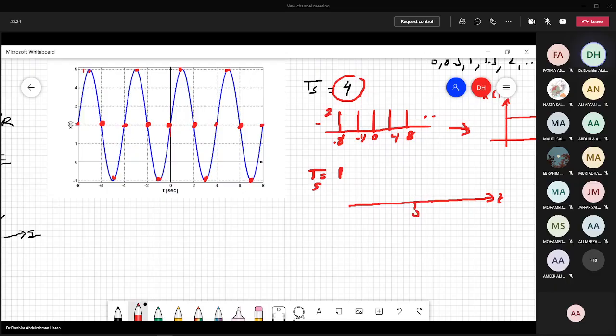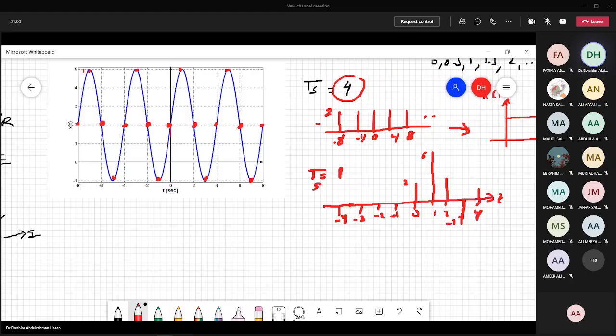Okay, so you will get something like this. It is 0, 1, 2, 3, 4, -1, -2, -3, -4. So at 0, it is equal to 2. At 1, it is equal to 6. Then 2 is equal to 2, then it is equal to -1 here.